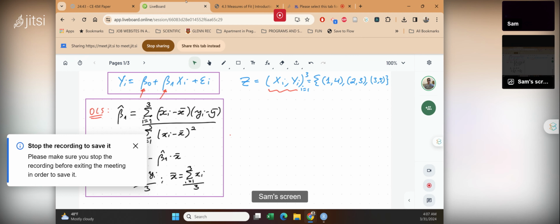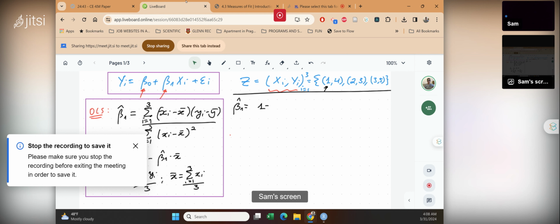Now we are ready to go. We can easily get beta 1 hat, but I have to calculate the average of x's and y's.